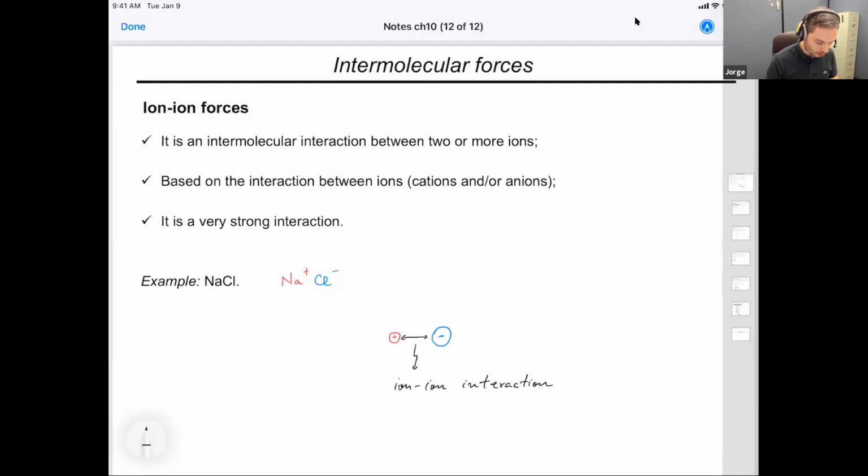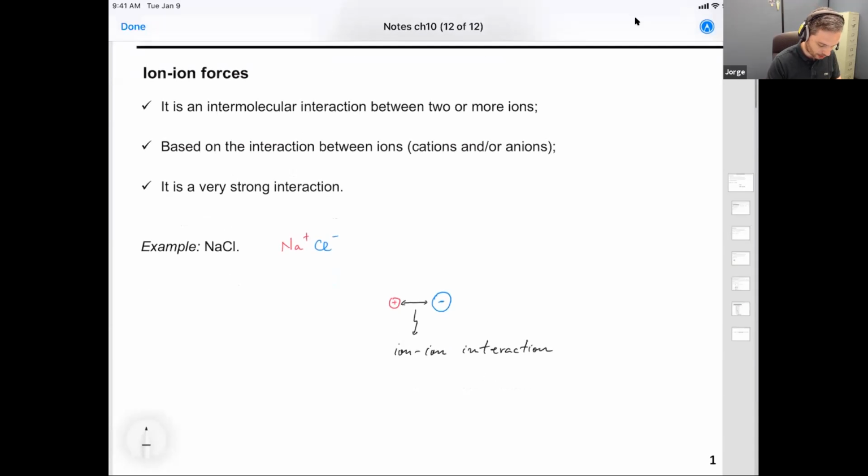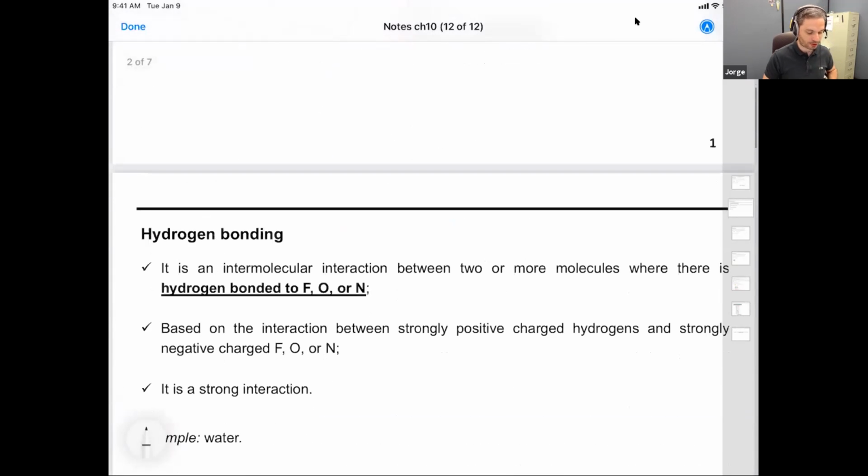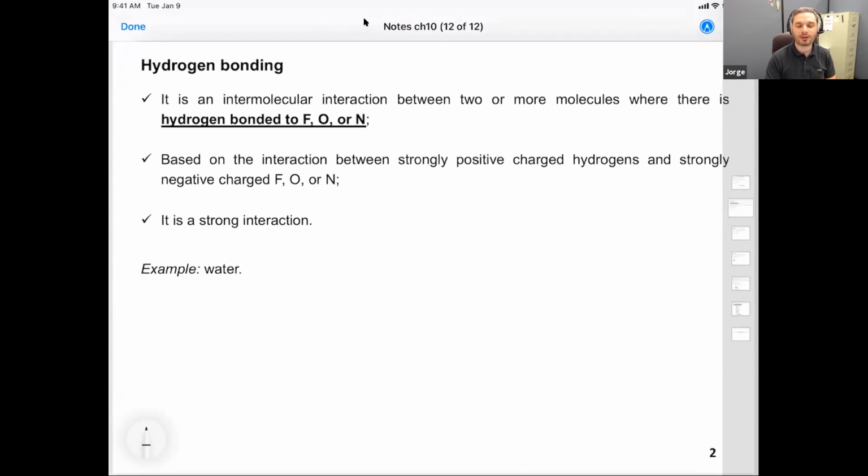Okay, so now let's move on to the second one in the rank for intermolecular interactions. And this is a very special interaction called hydrogen bonding.